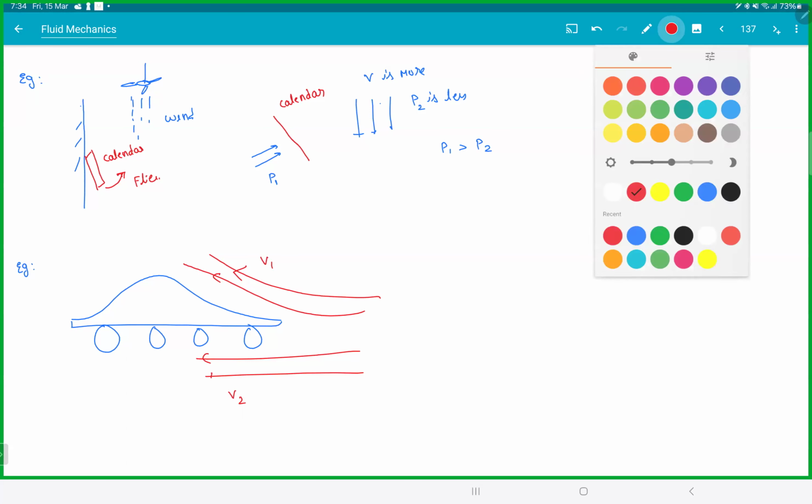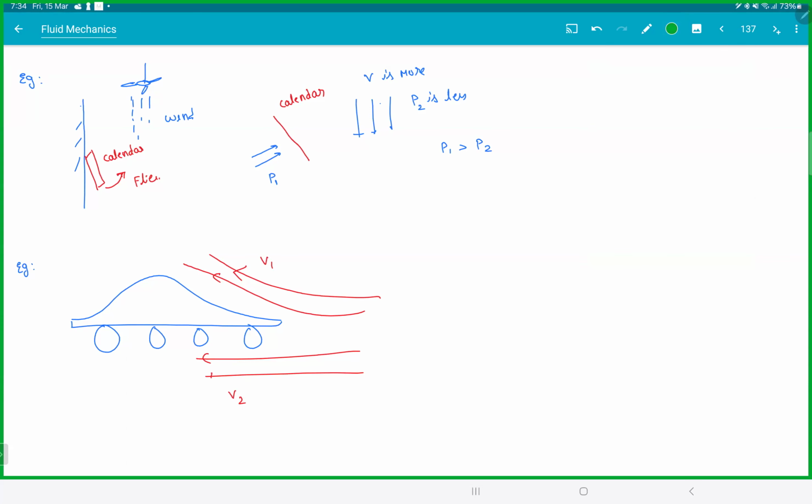Think about it. You want the car to fly or you want the car to be on the ground? You want the car on the ground. So this is P1, this is P2, right? You want P1 greater than P2, na? So that this force P1 is pushing it down and this force P2 is pushing it up. P1 greater than P2, therefore V1 must be less than V2, isn't it? So the car ka front part should be designed in such a way the wind is blowing faster at the bottom and slower on the top. Making sense?